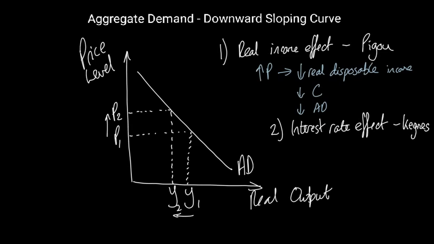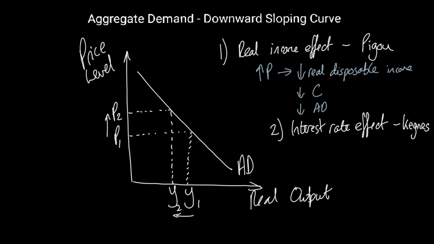What this one says is that if price levels are rising, households and firms are likely to require higher levels of currency in order to make their purchases, because the prices have gone up. That means we are going to see an increased demand for loans, and the likely effect of that will be to increase the interest rate.